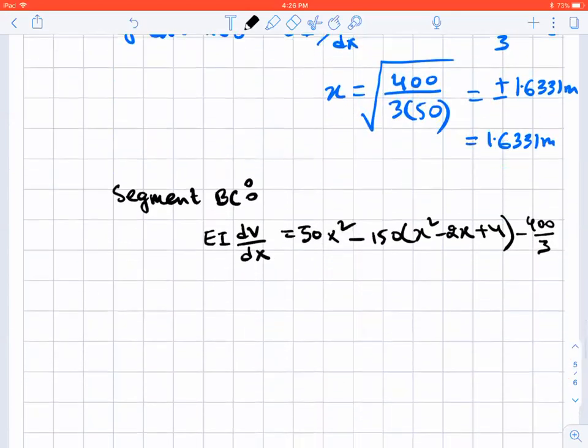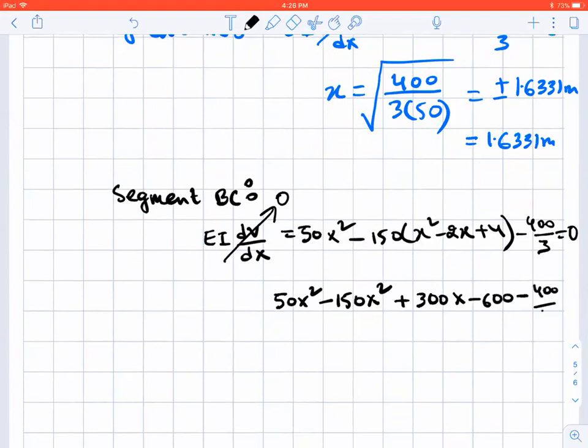Now we know that dV dx is 0, so we put this equal to 0. If you solve it, you will get some imaginary, invalid number.